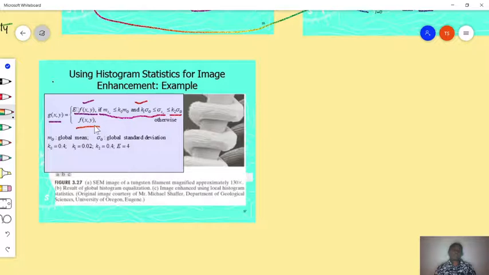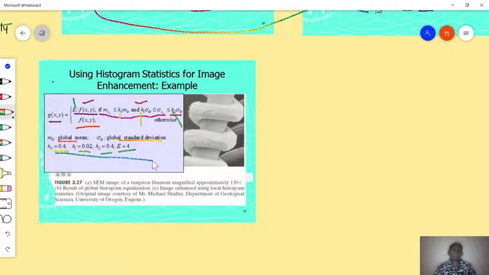And here mg is the global mean value and variance of g is the global standard deviation value. Here they take k0 equal to 0.4, k1 equal to 0.2, and k2 equal to 0.4 as constant values, and the value e is equal to 4.